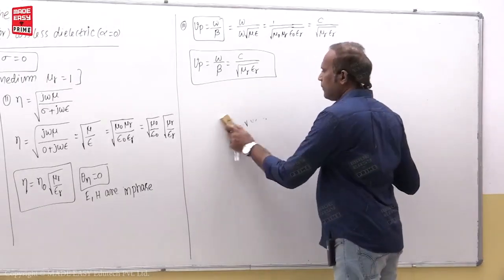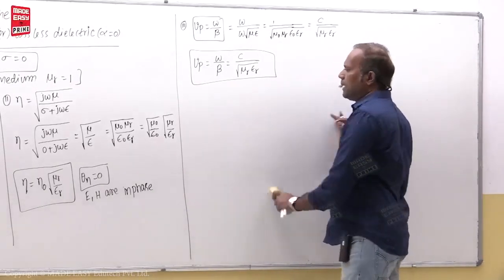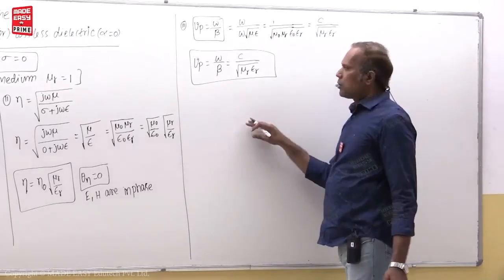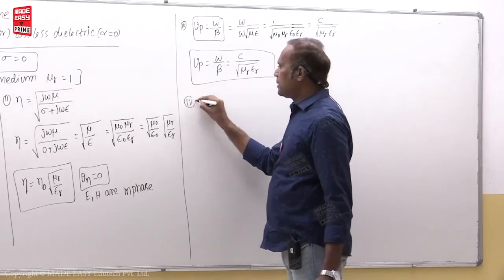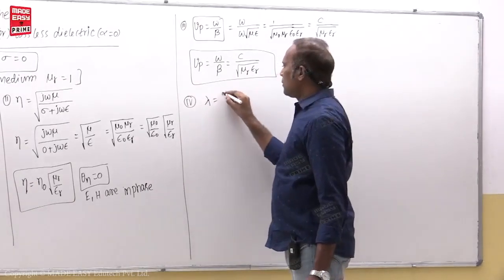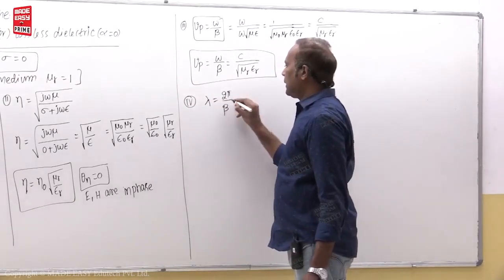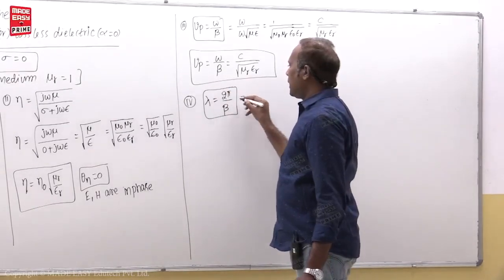So this is a very important formula. Next formula, the lambda formula, will also be similar to this. Lambda is equal to 2 pi by beta, which is the general formula for any medium.